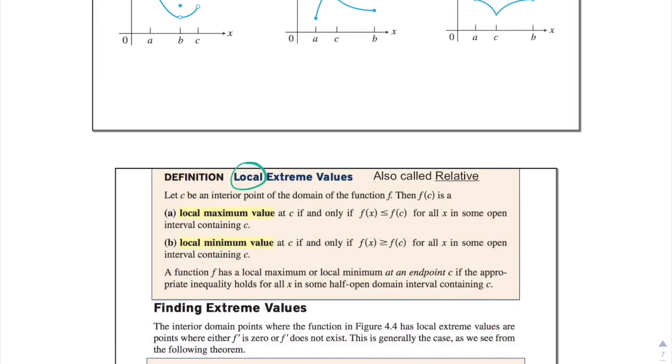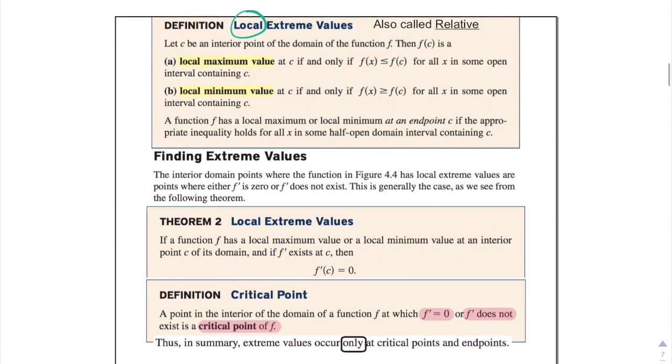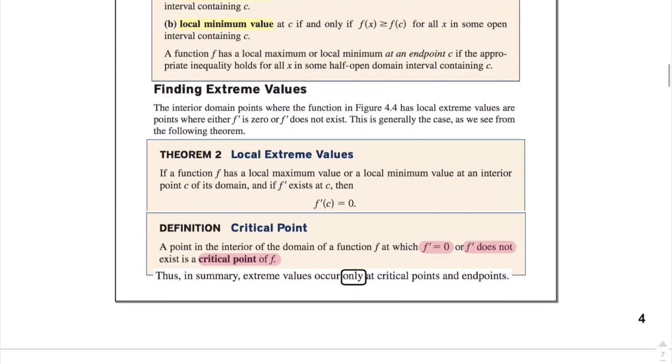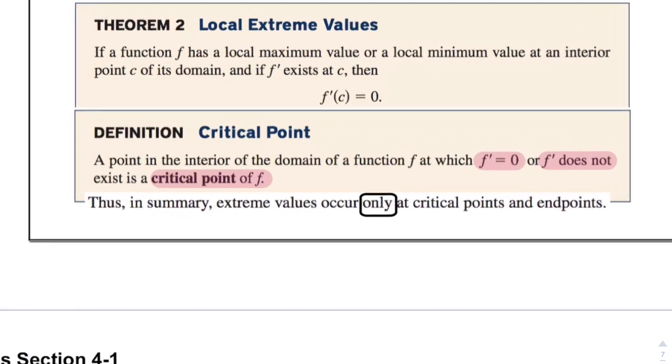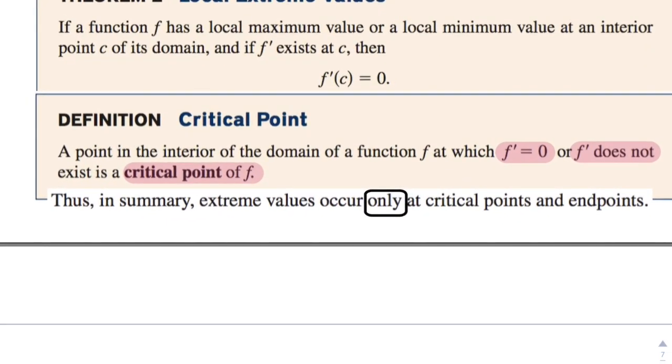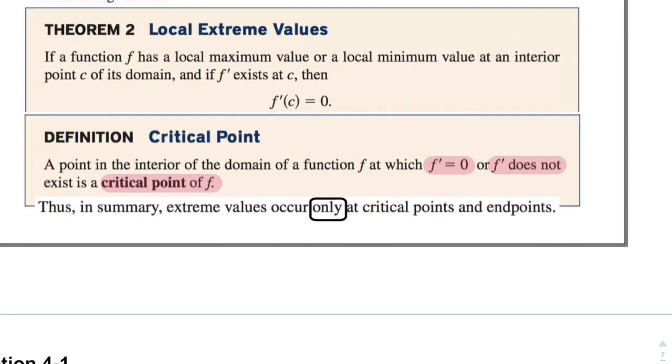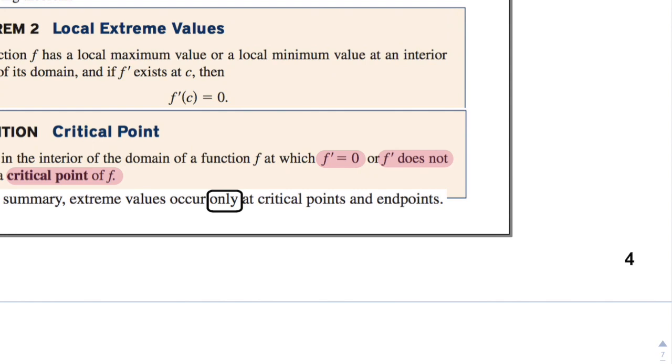Okay. We talked about local minimums and maximums, critical points. Again, there are critical points and endpoints. That is where maximums and minimums, or extreme values, can happen. Here's your flow chart. Here's your extreme value.